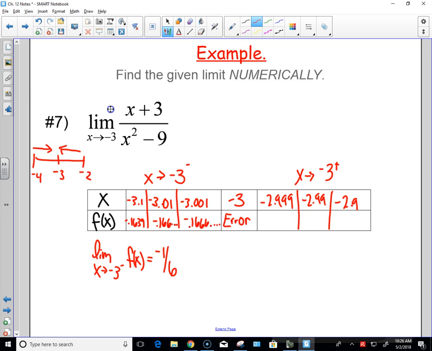Does anybody have what the value was at negative 2.9? How about the next one? How about the next one? What seems to be happening as I come from above?